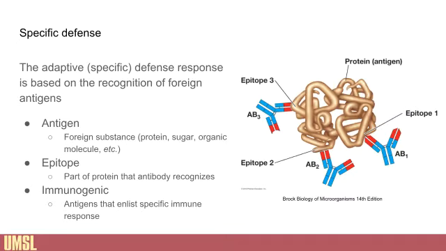So that said, antigen, kind of a big umbrella. We're talking about proteins that are showing up in our body that they're not supposed to be there. Epitopes are essentially what our immune system has decided are good things to generate antibodies against. And often antigens will have multiple epitopes that your immune system has developed antibodies against to recognize.